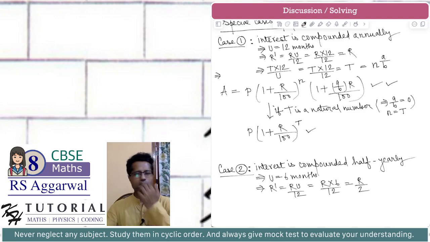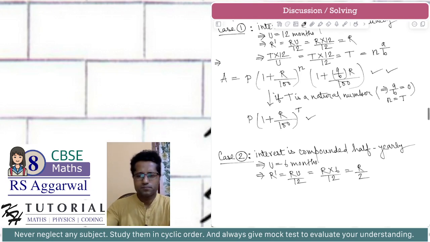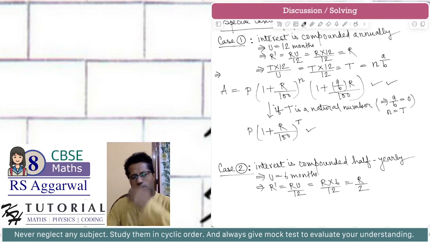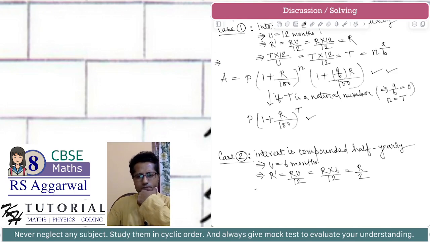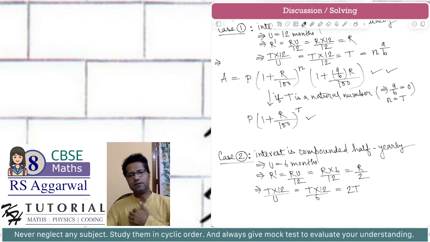So r dash is becoming r by 2. Also we see t multiplied by 12 by u is t multiplied by 12 by 6. This is twice of t.